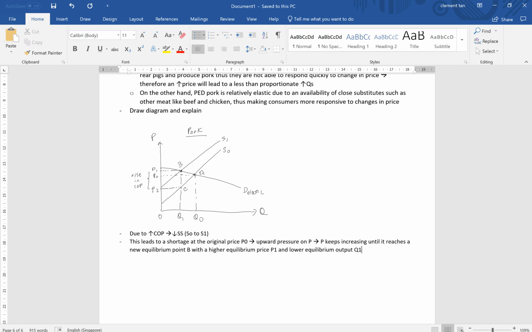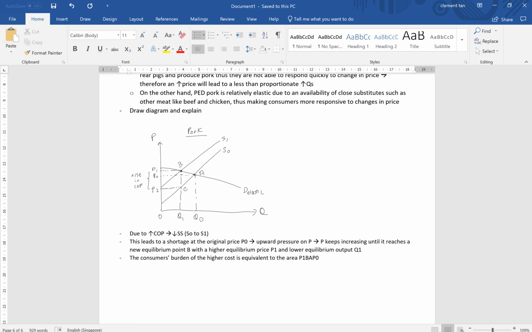Then you say that the consumer's burden of the higher cost is equivalent to the area P1 B A P0. You just need to write that. I know that triangle ABC is a deadweight loss, but in this case there's no deadweight loss because it's price, there's no tax. It's literally price.